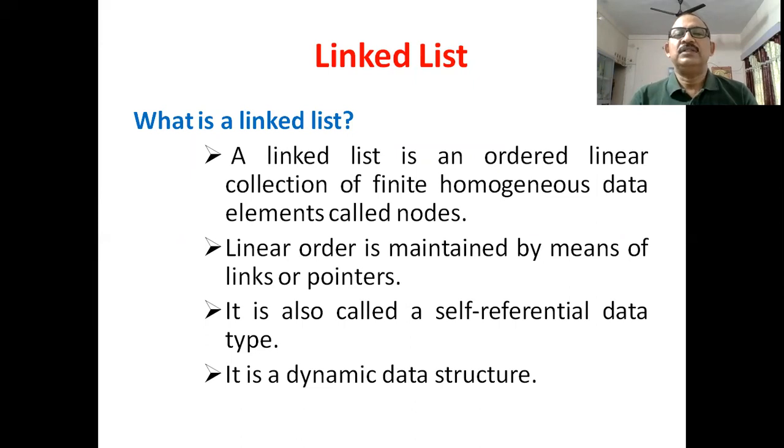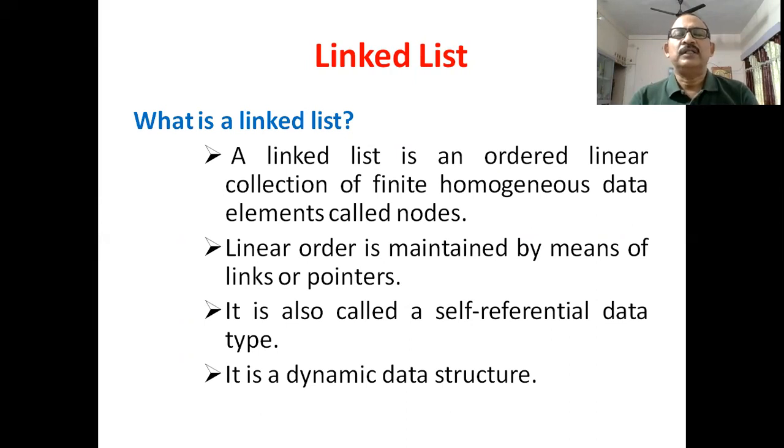A linked list is an ordered linear collection of finite homogeneous data elements called nodes. In simple terms, we can say that a linked list is a collection of nodes. Each node contains two fields.